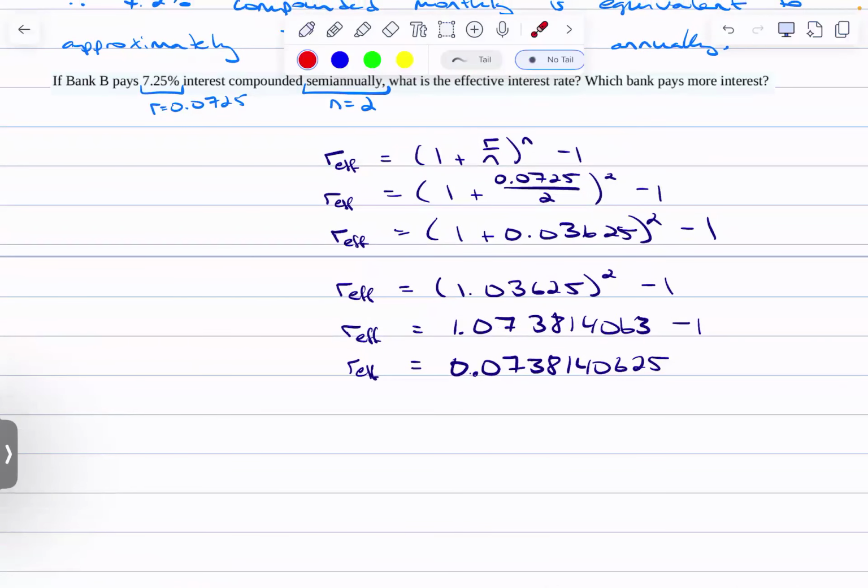What does this mean? That means that 7.25% compounded semi-annually is equivalent to 7.38% compounded annually.